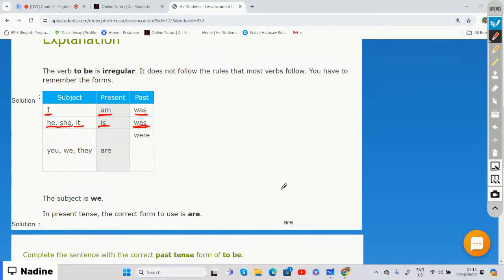And when we make mention of either you, we, or they, which is more than one person, right? Plural form. Then we say they are in the present tense, they are now. Or in the past, we say they were. So we either say you, we, or they are in the present, and you, we, or they were in the past tense. So that is our verb to be, right?